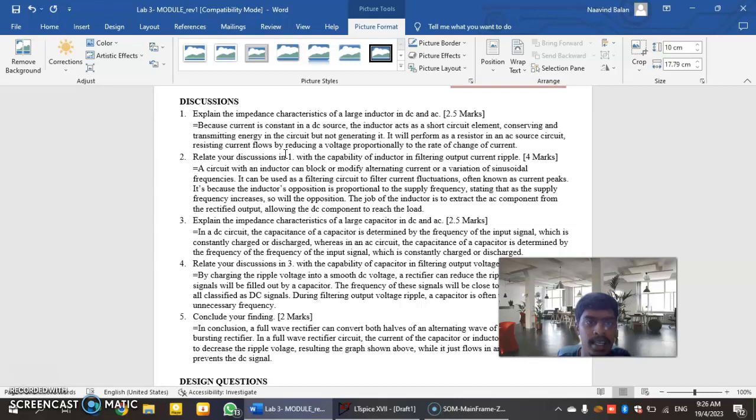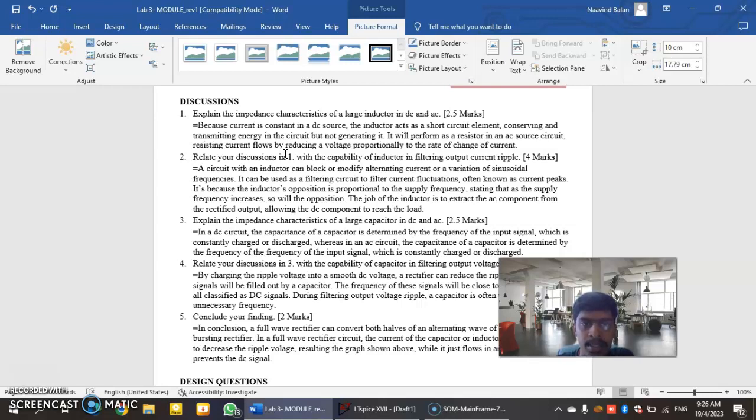Relate your discussion in one with the capability of the inductor in filtering output current ripple. A circuit with an inductor can block or modify alternating current or a varying sinusoidal frequency.